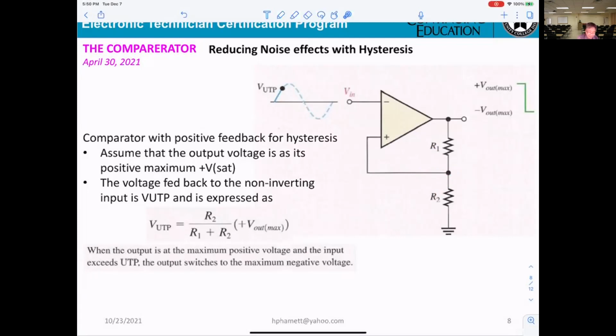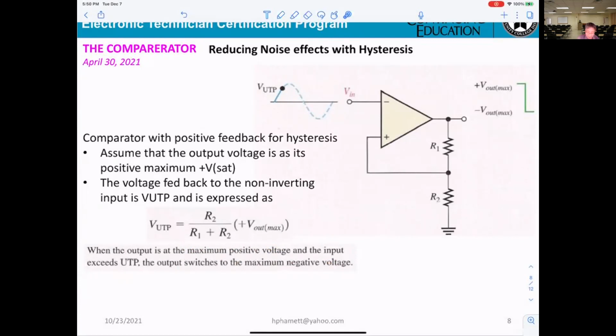So that's why they show you right here: the input goes to the upper trigger. Then what happens? When the output is at maximum positive voltage and the input gets higher than the V upper trigger, the output will be switched to the maximum negative voltage.